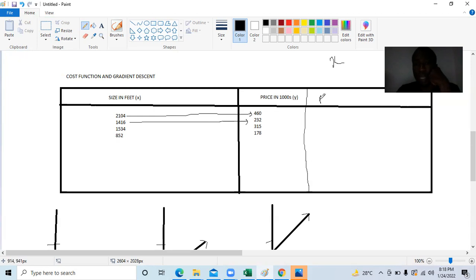Now the size of this same house gives me, let's say, 470, and the size of this one returns a price of, let's say, 1,500. We're going to say our model is very inaccurate.